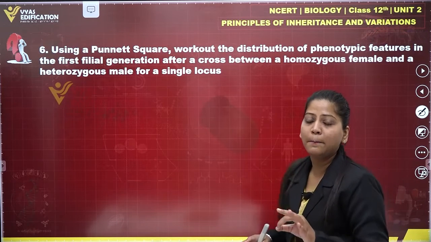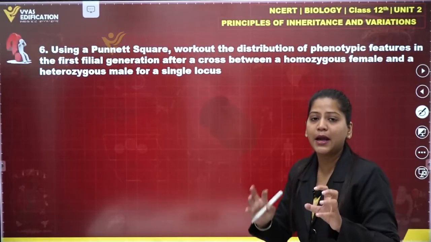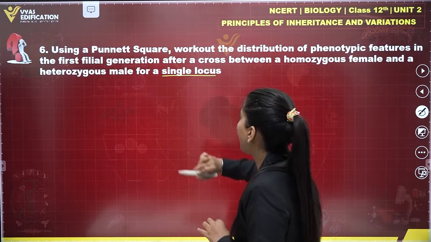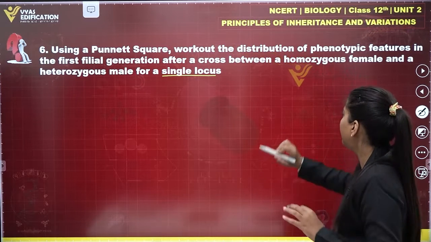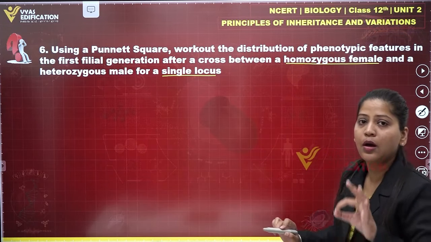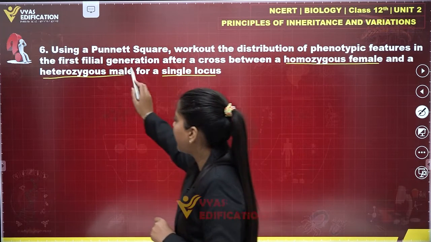We have to make a female and male cross with each other for a single character only, and we have been instructed to take a homozygous female and mate this homozygous female with the heterozygous male.